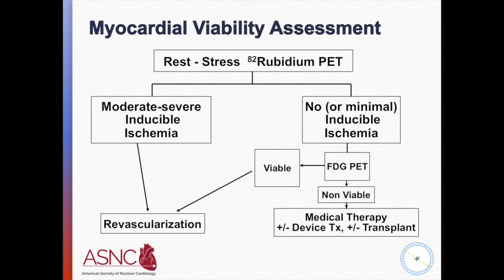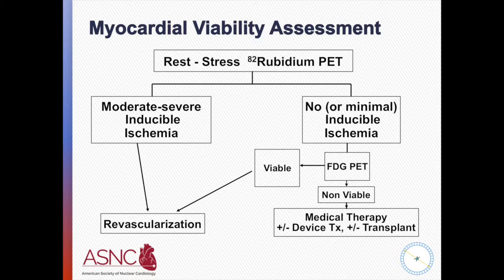This slide outlines our approach to patients referred for viability testing with PET. We first start, again, with rest and stress perfusion imaging, especially if the patient has not already had an ischemic assessment with SPECT, for example, to look for ischemia.